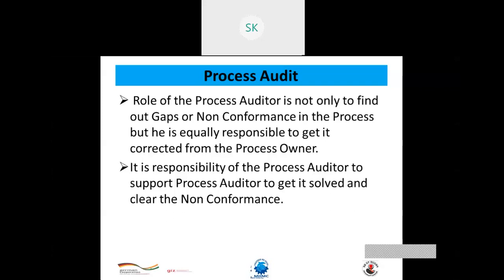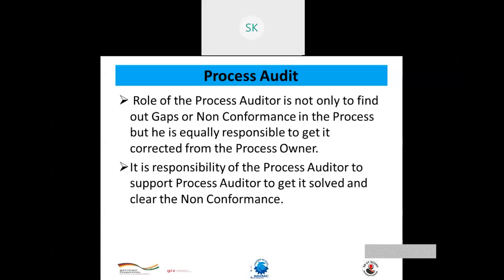So the role of the process auditor is not to find out the gaps only, but to work along with the process owner to reduce or fill up those gaps. He has to work on actions as well. He has to follow up the actions. He has to verify that actions have been taken and the gaps have been closed, or the non-conformance has been eliminated.